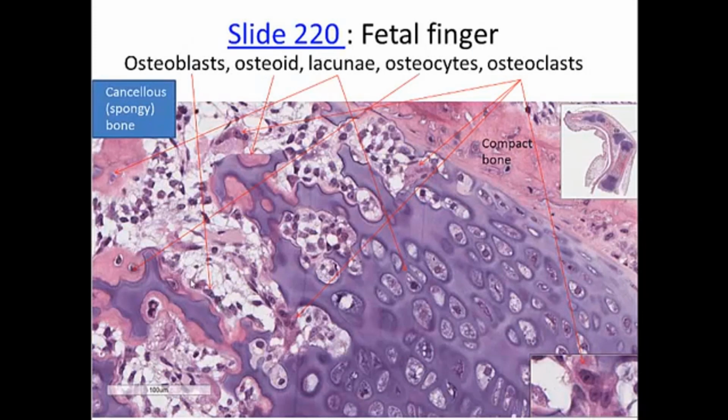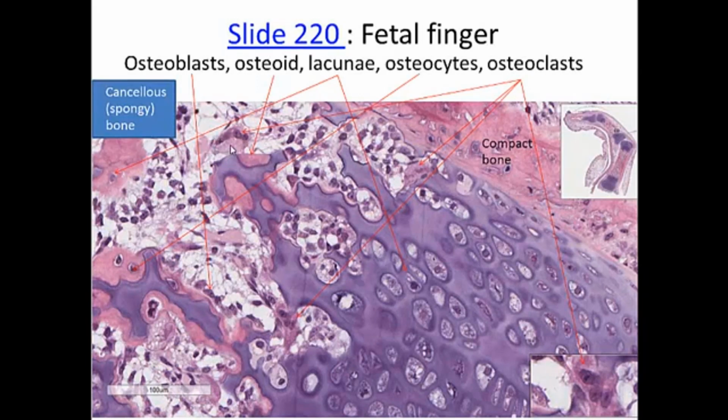The cells on the side here are the osteoblasts. And the osteoblasts become osteocytes when they get trapped in their lacunae. Osteoid is bone. We can see all the pink here, compact bone. This is spongy bone in through here. The other cell is the osteoclast.